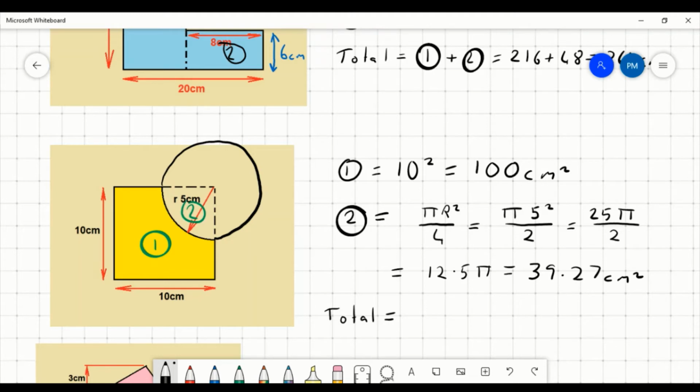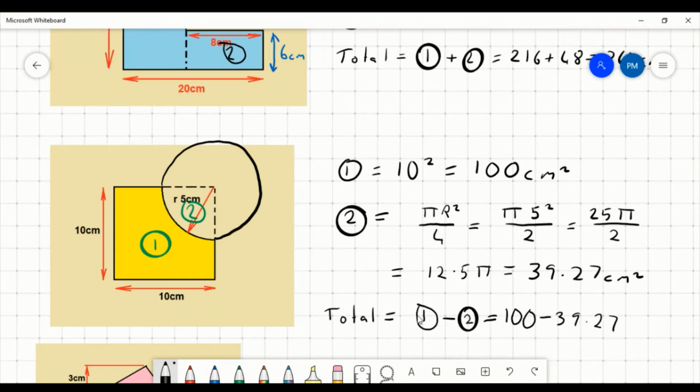So what we're going to do is our total is going to be area 1, the whole area here of this big square, minus area 2. And that's going to be equal to 100 minus 39.27, which gives us 60.73.